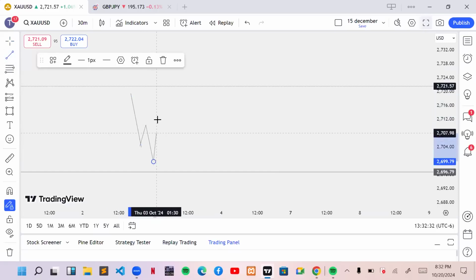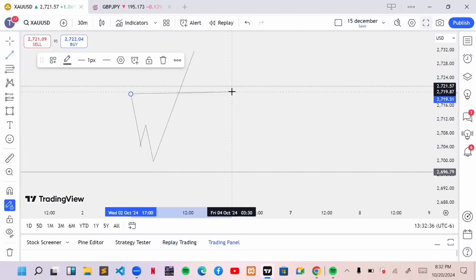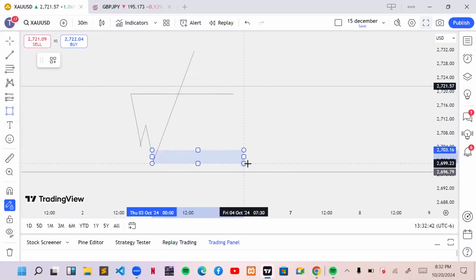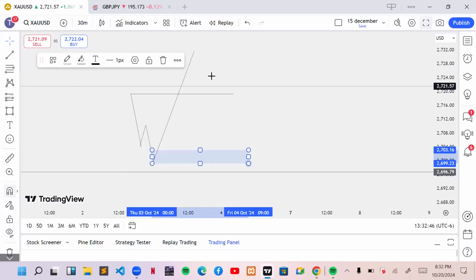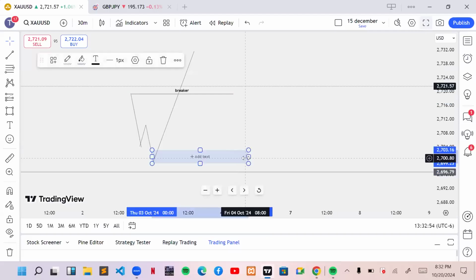Let's assume that market breaks past a zone. This is our breaker block right here, the zone that market broke past. And this is our other block down here, the zone that pushed market also. The other block is here, the breaker block is here. This is your breaker block, and then this is your other block.